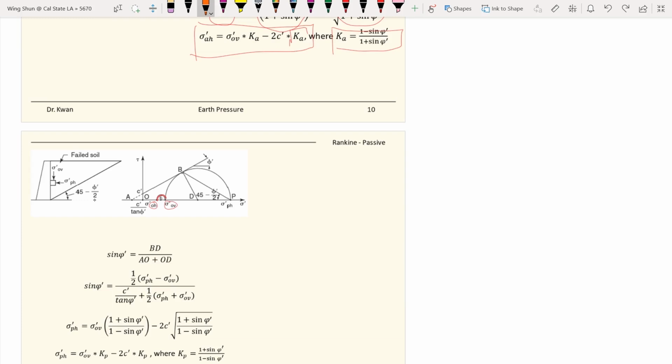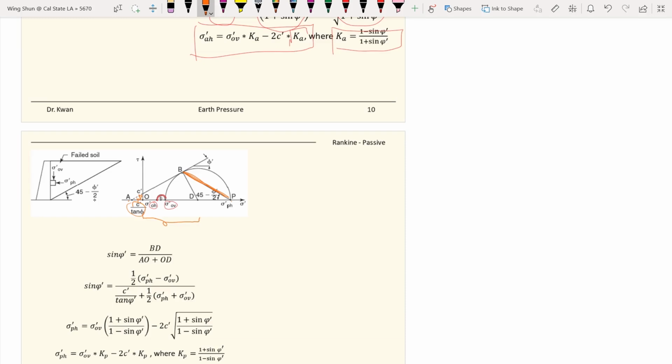And with this theoretical framework, Rankine looks at the small circles, he looks at triangle ABD again, and he takes sine phi equals this side divided by the hypotenuse, which includes the AO plus OD.